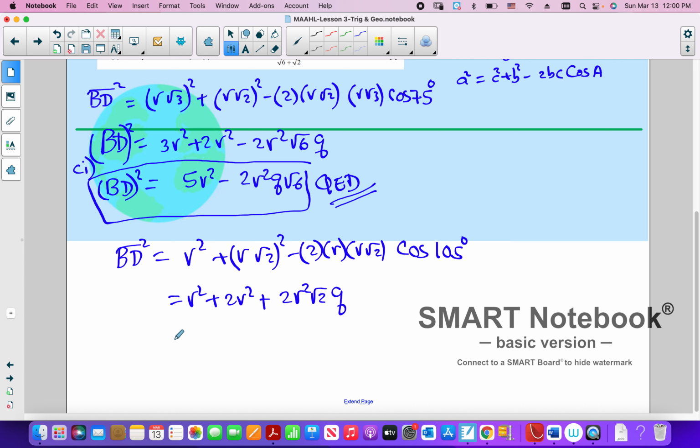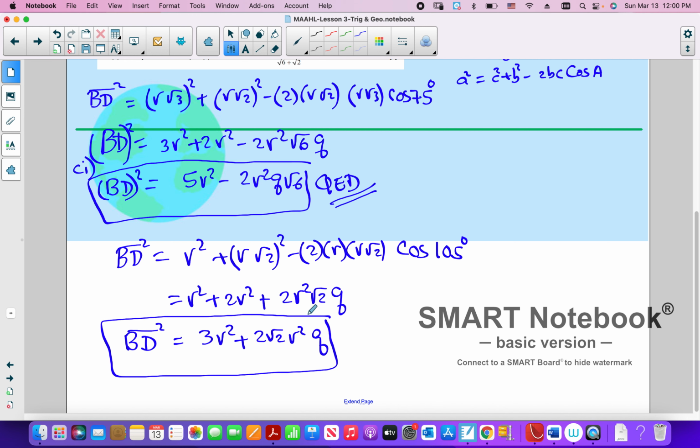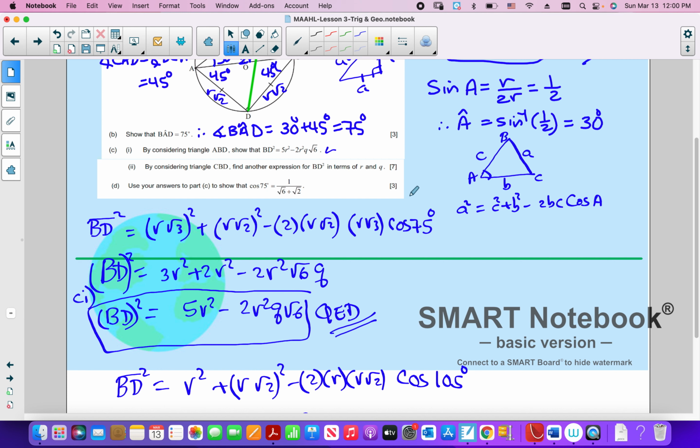And if we simplify that, that will be 3R squared plus 2 root 2 R squared cube. That is another expression for BD squared.